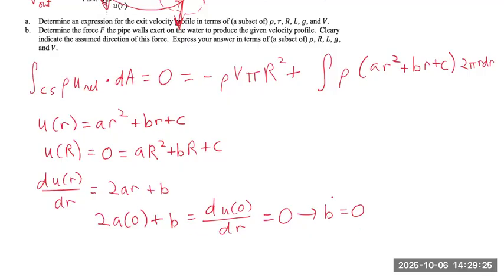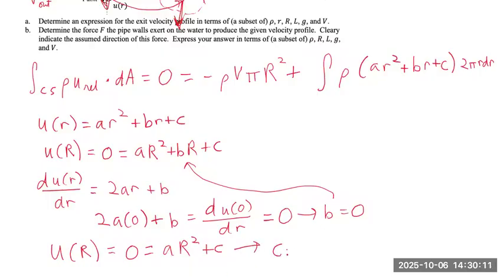So with this new information, we can plug B equals 0 back into this equation to get u(R) is equal to 0 is equal to AR squared plus C. And from here, C is equal to negative AR squared.